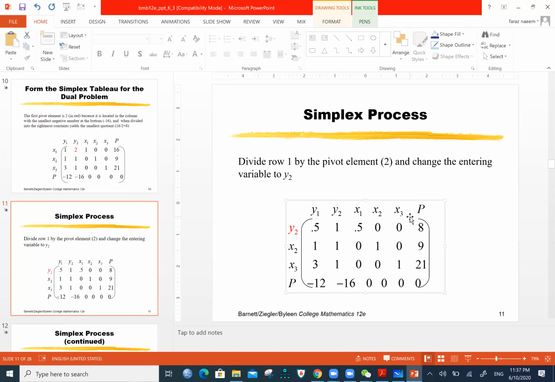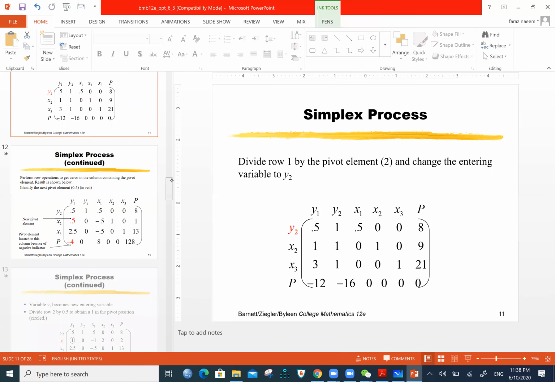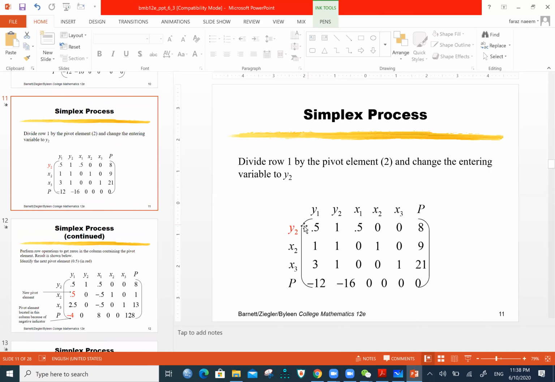Okay, and the next page. Now with the help of this one, we will make 0 here, 0 here, and 0 here. Understand? To do so, we multiply this complete row by -1 and we add it into this second row. If I multiply this first row by -1, this will become minus 0.5. We will add this minus 0.5 into this one, so here we will get positive 0.5.